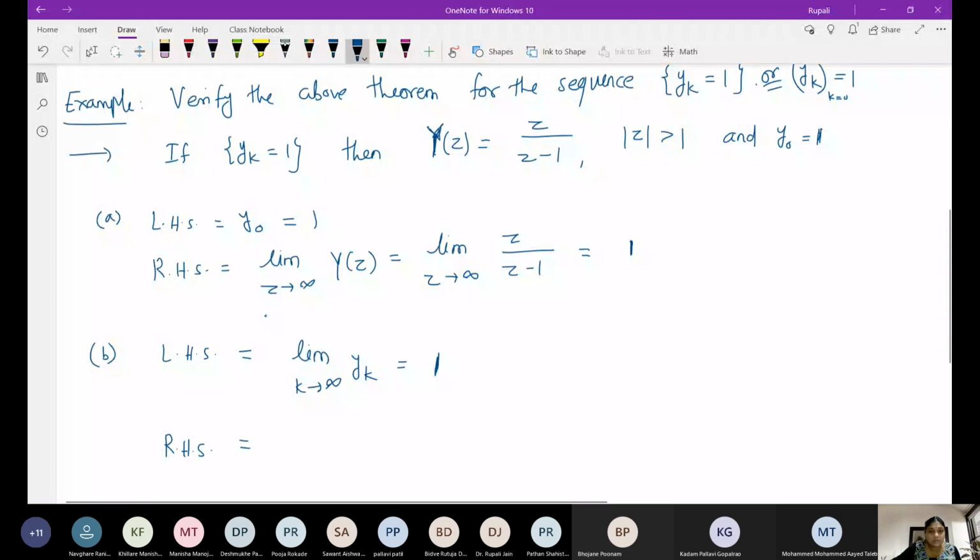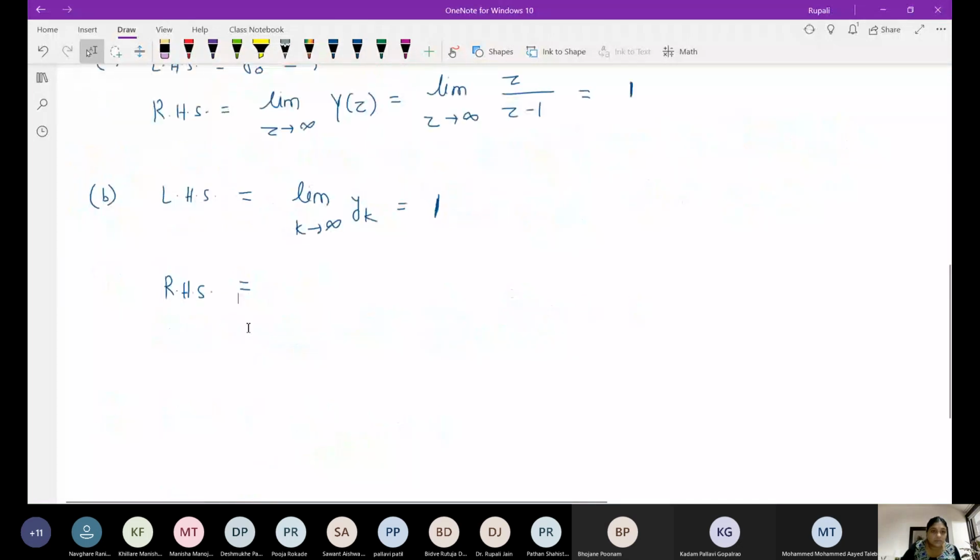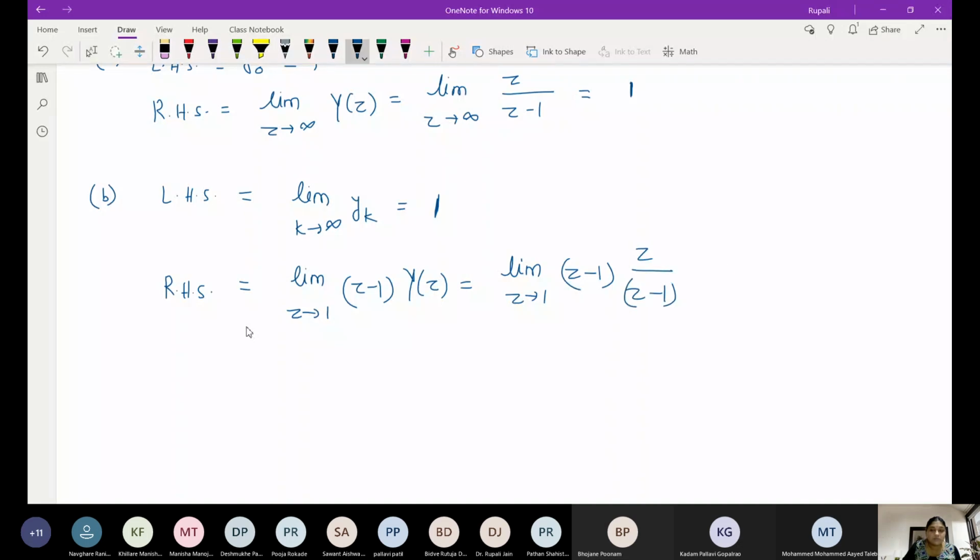And what is RHS? Limit z tends to 1 of (z minus 1) Y(z). What is Y(z)? z upon z minus 1. So it is nothing but 1. So LHS is equal to RHS.